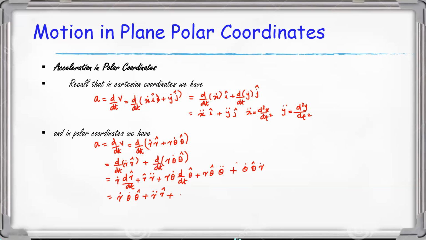Then here there is a minus r theta dot square r cap, plus r theta double dot theta cap plus r dot theta dot theta cap.